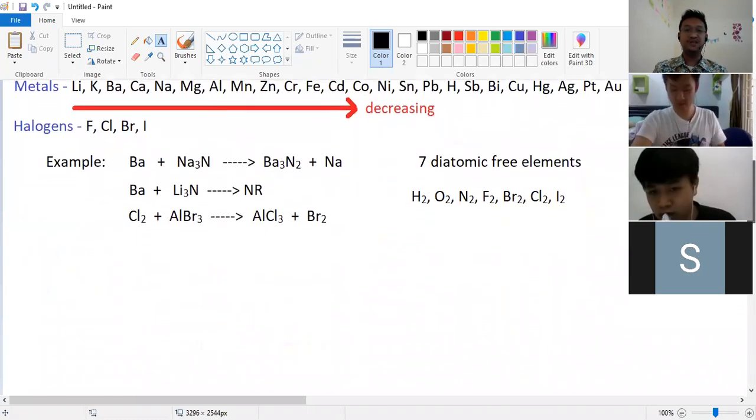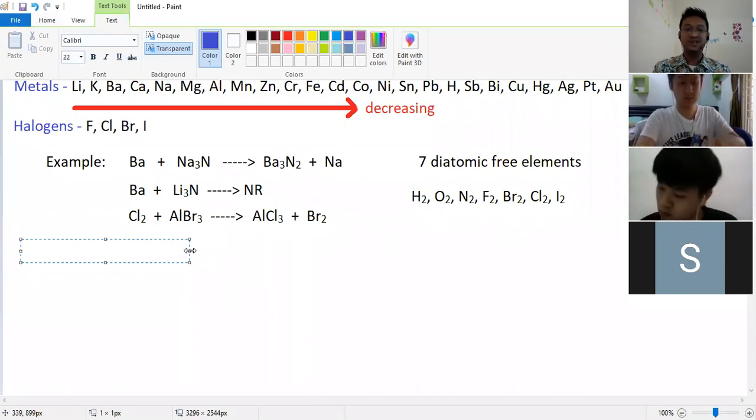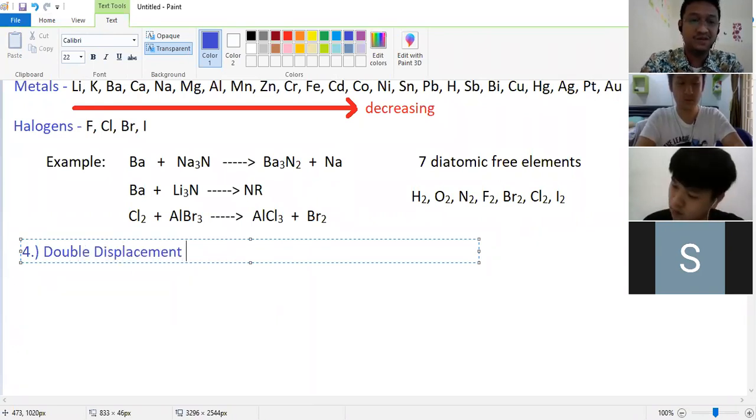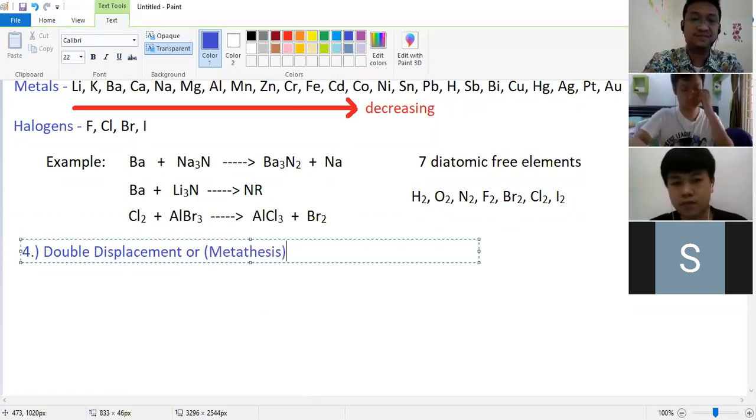chemical reaction. Number 4, anyway, this is a lot easier than number 3. Number 4 is called double displacement reaction, also known as metathesis.